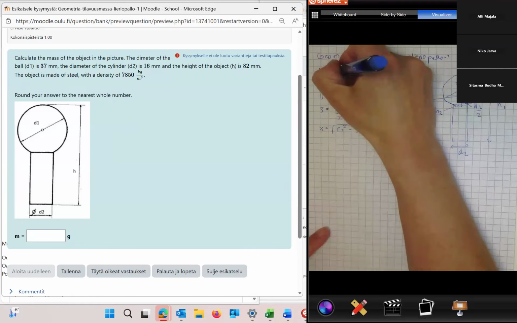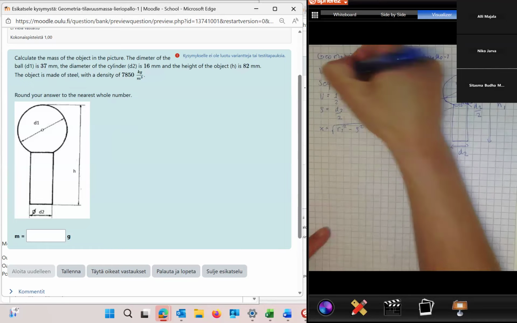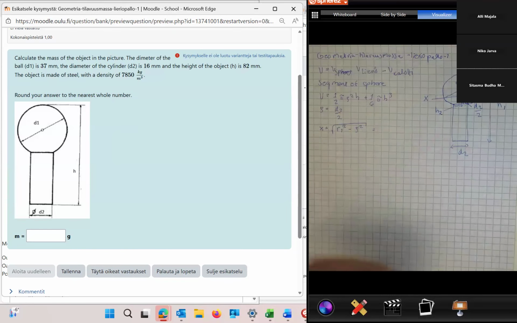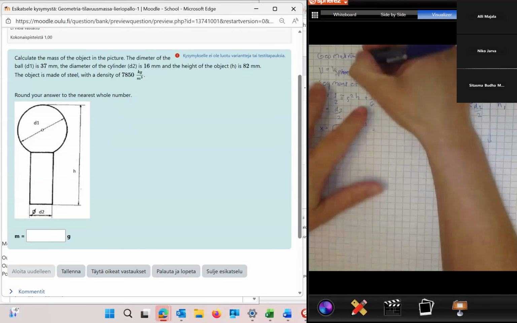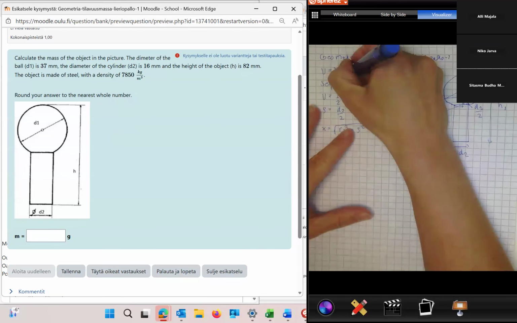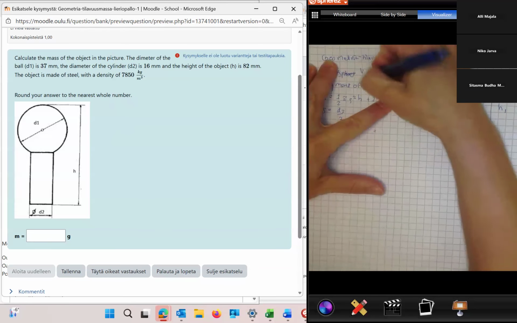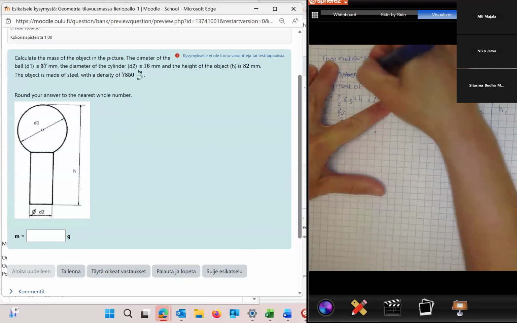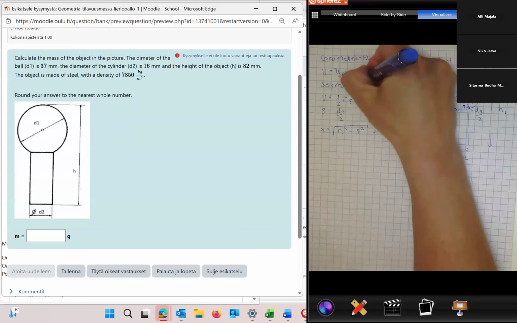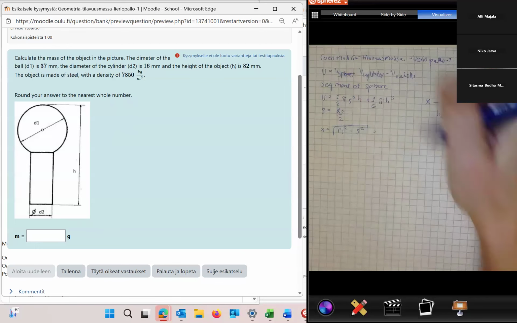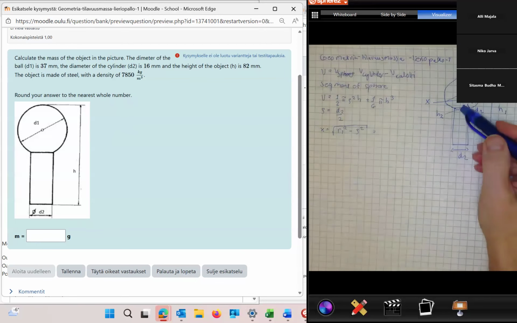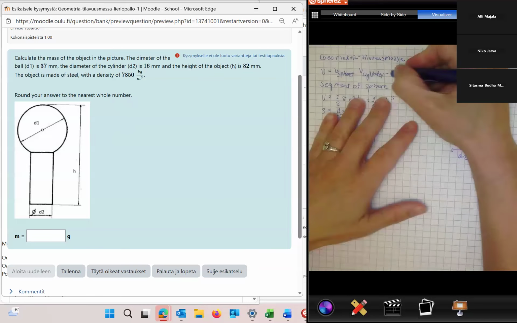So you have to know the volume of this sphere. The volume of the, what was the other, cylinder? But then you have to take the little part that's inside there off, like away.